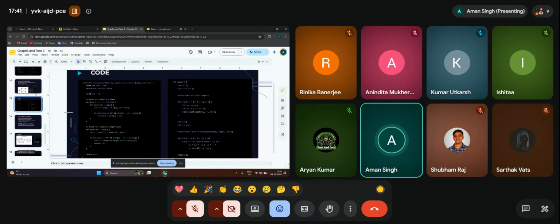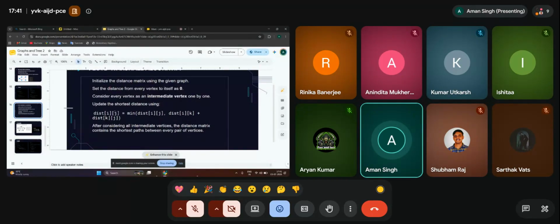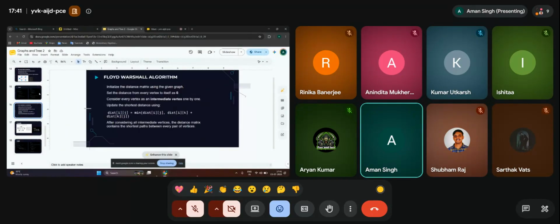Now let's move on to our last algorithm, the Floyd Warshall algorithm. Till now we have discussed Dijkstra's algorithm and the Bellman-Ford algorithm, which are single source shortest path algorithms. What I mean by single source is that in those algorithms, a source was given to you, and we need to find the shortest distance from that source to every other node.